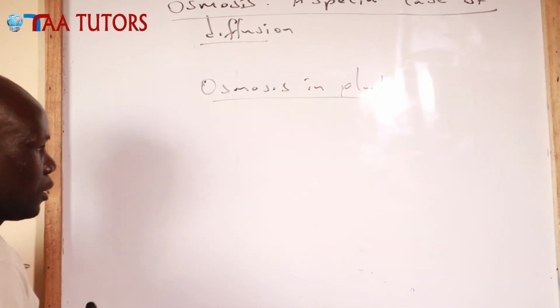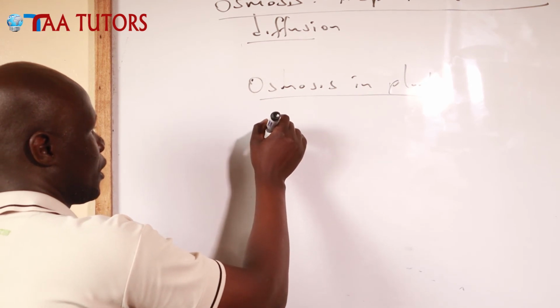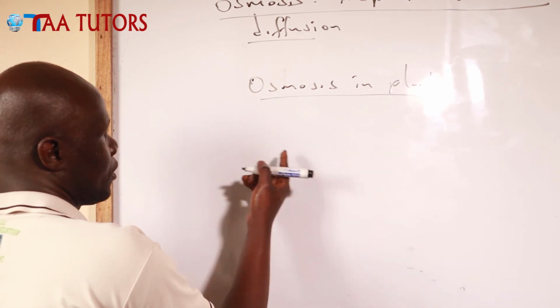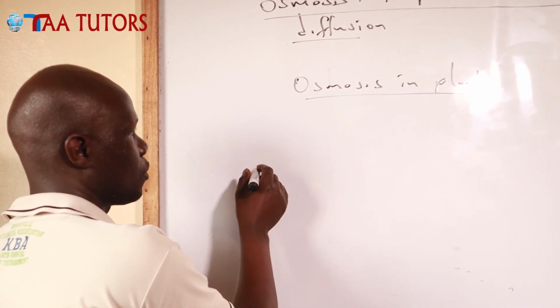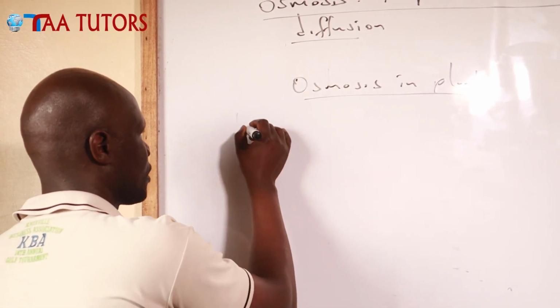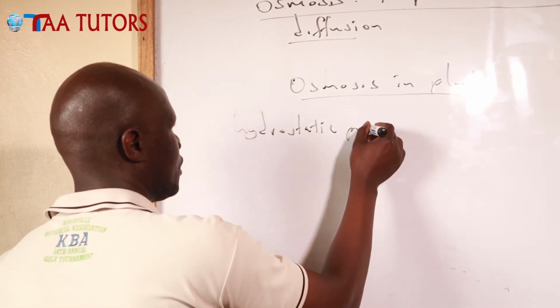That is whenever the sap of the cell is hypertonic to the surrounding. So there is that particular hydrostatic pressure that will be created. The cell will be gaining water.